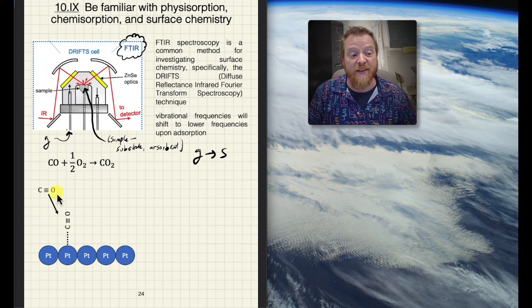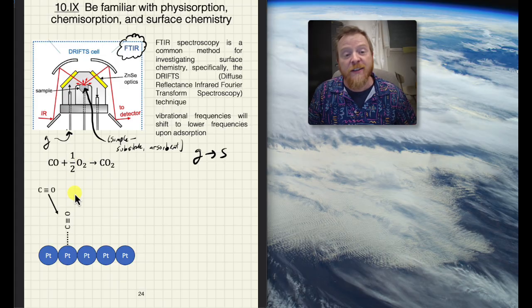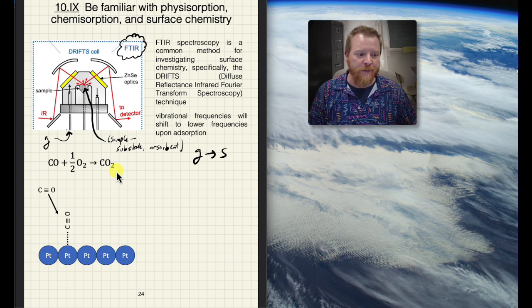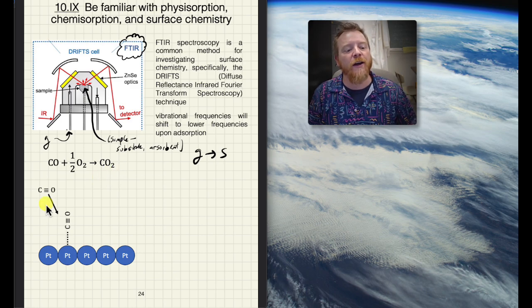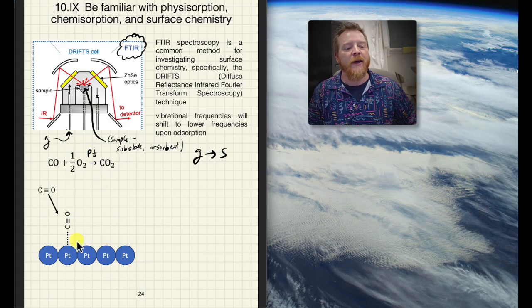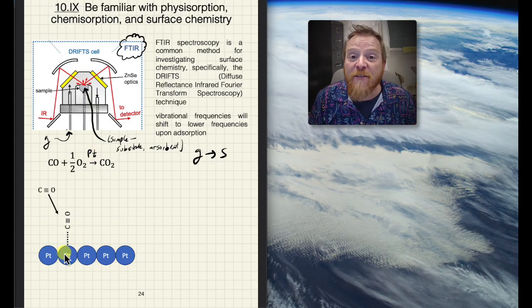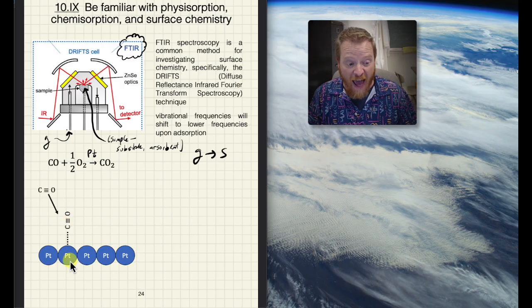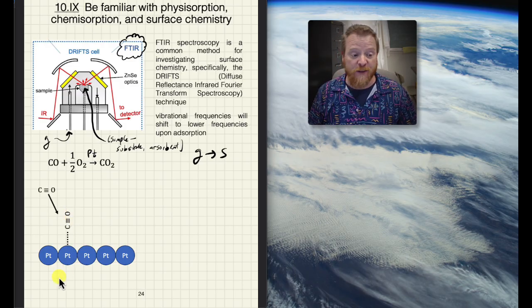So, back to the example I was talking about, the oxidation of carbon monoxide to form carbon dioxide. It's known that carbon monoxide will chemisorb to the platinum surface, so we'll put a Pt right there. The way that we get evidence that it has adsorbed is by looking at the spectra.